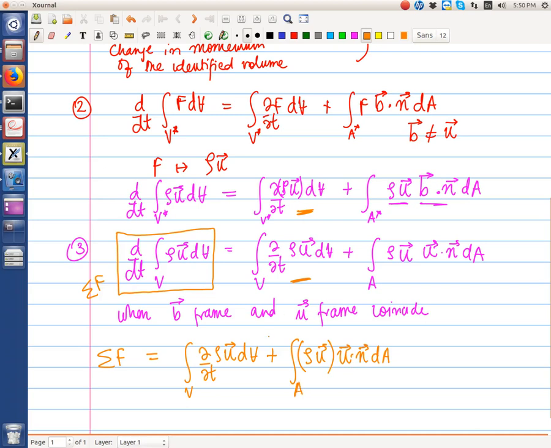But this term is also equal to this term minus this term, because we can write this particular term as this minus this.